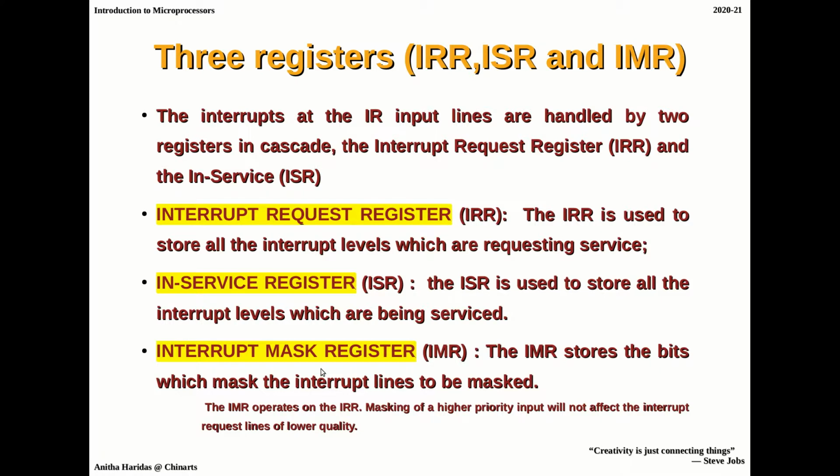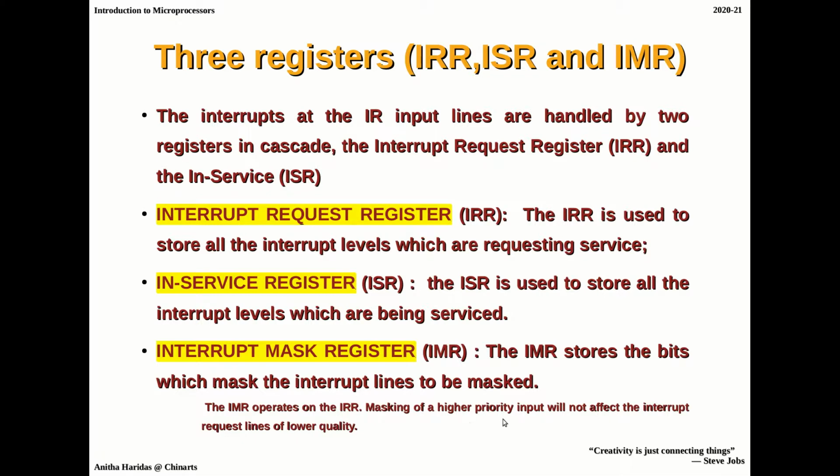Then we have the mask register, which is used for storing the bits which mask the interrupt lines to be masked. So if any one of the input output devices is to be masked, then it can be done by using the interrupt mask register. So the IMR operates on the interrupt request register.